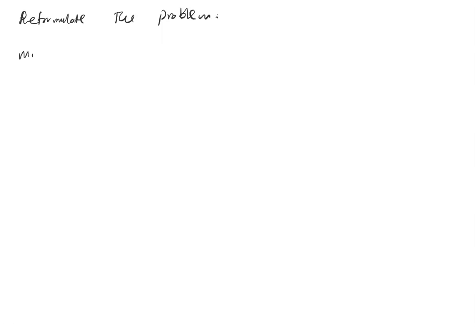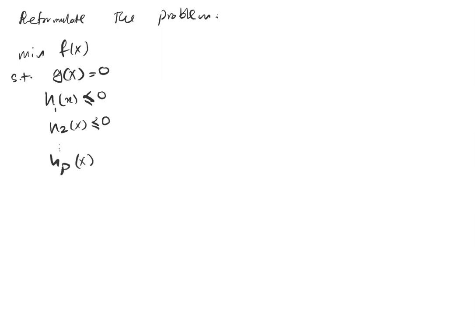So let's say you have minimizing f of x subject to g of x equal to 0 and h1 of x less than or equal to 0, h2 of x less than or equal to 0, and h sub p of x less than or equal to 0. So how do we transform this?